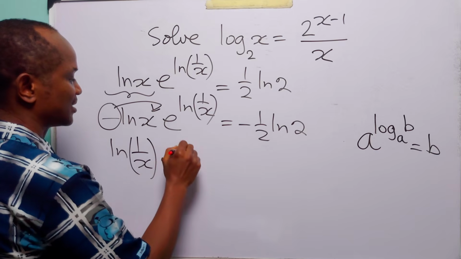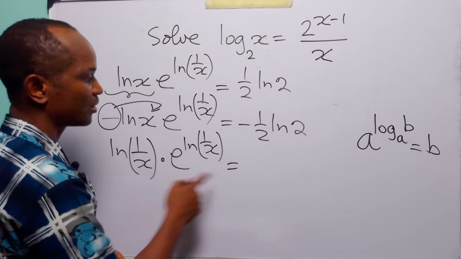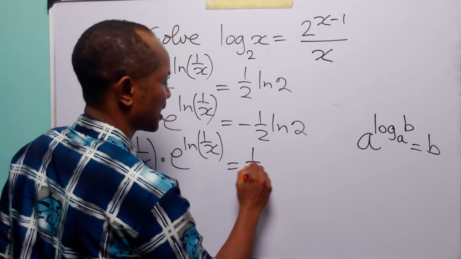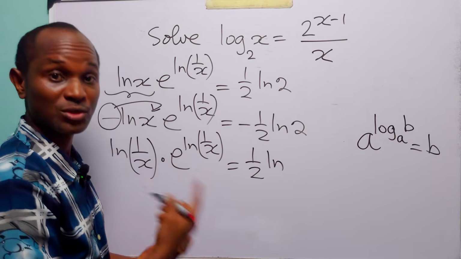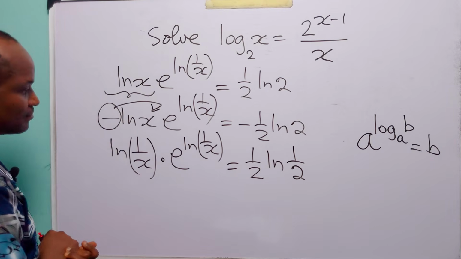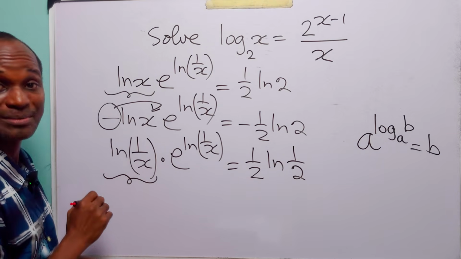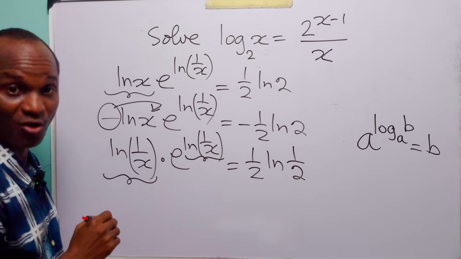multiplied by e to the power ln 1 over x is equal to, we can also apply the power rule here. When we do that, we have half times ln 2 to the power -1, which of course is equal to 1 over 2. Once more, now you can see that what we have as the multiplier of e is the same thing that we have as the exponent of e.